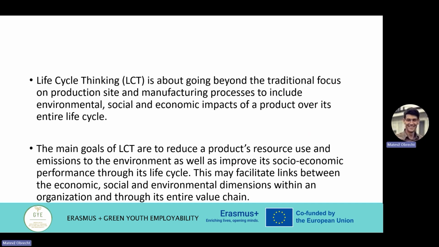So the main goal is to reduce resource use, to reduce emissions and impact on the environment, and to improve socioeconomic performance. This way, we can facilitate the links between economic, social, and environmental division within an organization or value chain.